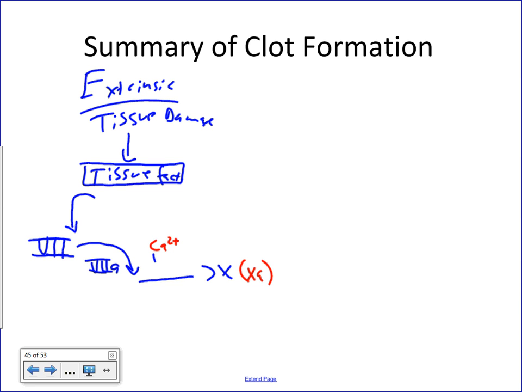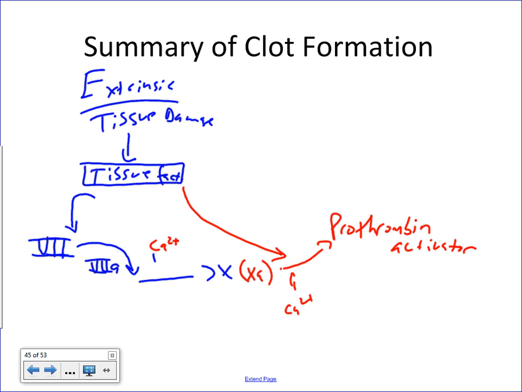Then, once clotting factor 10 is activated, that's going to activate an enzyme called prothrombin activator. But in order for this to properly become activated, there also has to be calcium in the mix. Some of these tissue factors are going to have to be involved in this as well.